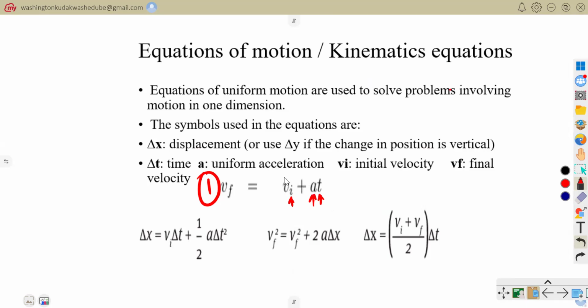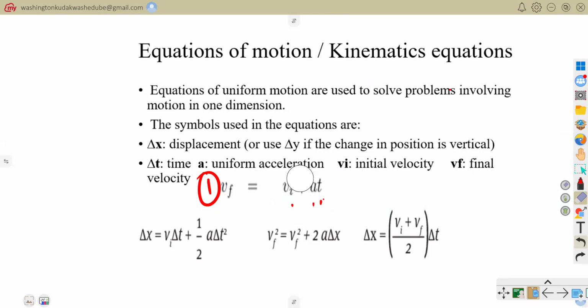So if you know the initial velocity and you know the acceleration, you can calculate the time taken. Or you can know the final velocity and the initial velocity and the total time taken, but you do not know the acceleration. You can calculate that acceleration by just applying this equation.